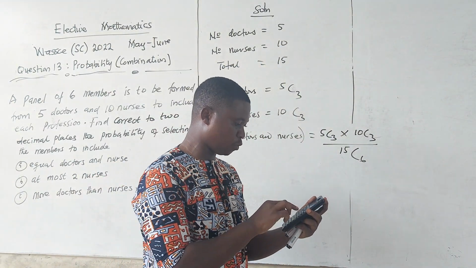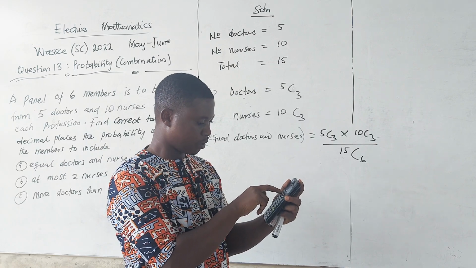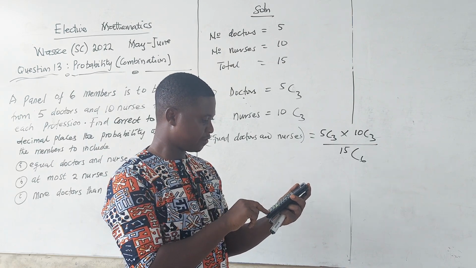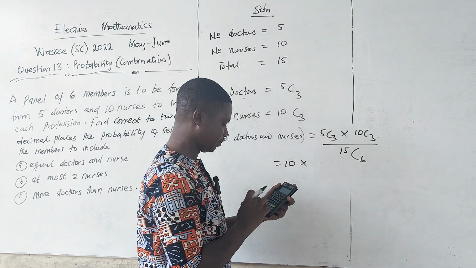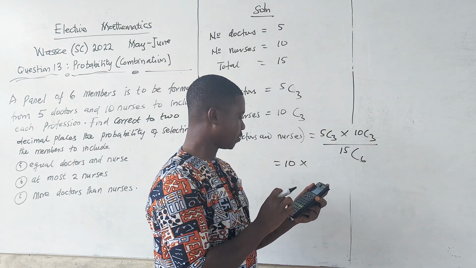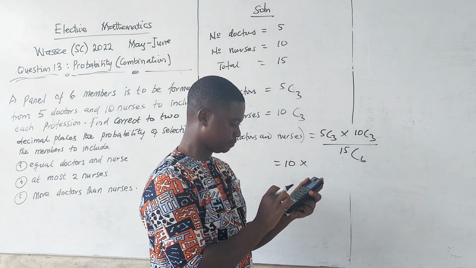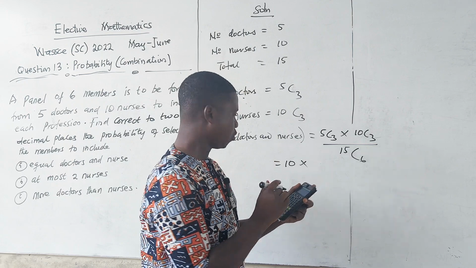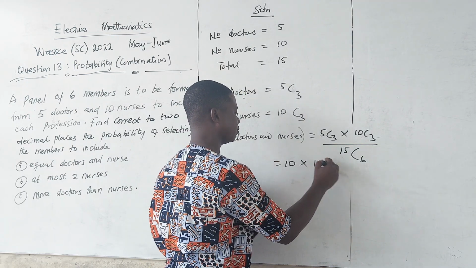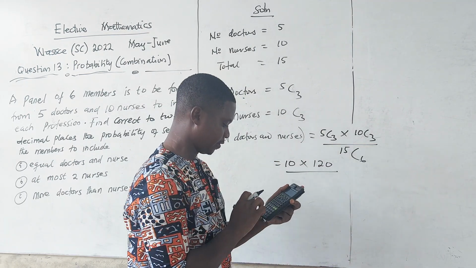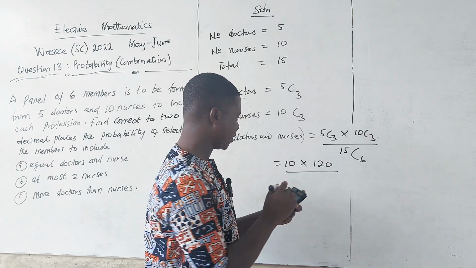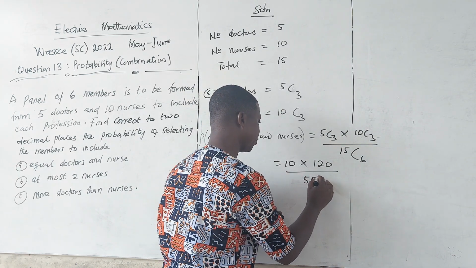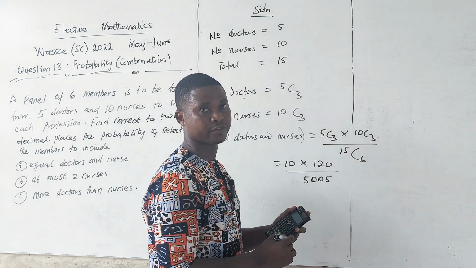Go to our calculator. We have 5 combination 3, which will give us 10, times 10 combination 3, which will also give us 120, all over 15 combination 6, which is 5005.